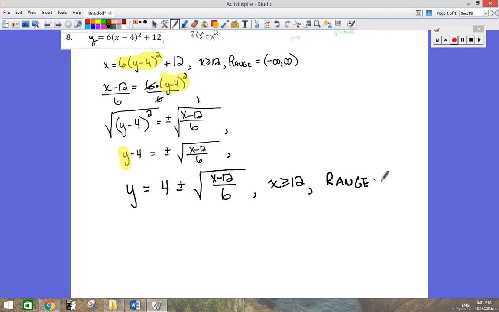What do I mean by that? The original function was g of x. So you will see people and you will see textbooks come in, and since this is an inverse, instead of using y, they will use g inverse x.